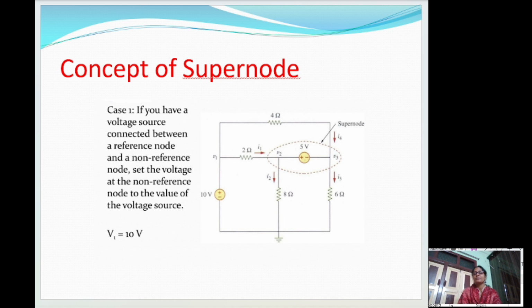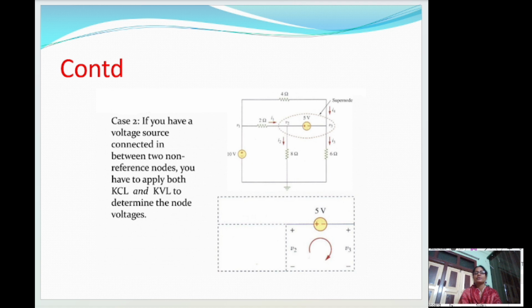Why we exclude this 5 volt? Because we don't know what will be the current for that particular branch. That's why here V2 and V3 known as super node. Now case 2. If you have a voltage source connected between two non-reference nodes, you have to apply KCL and KVL.